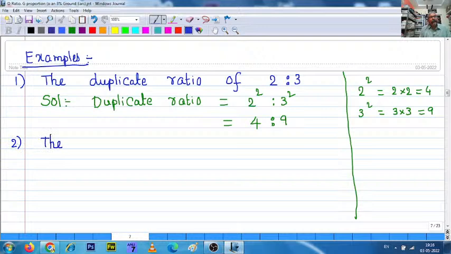The triplicate ratio of 3 is to 4. Okay, can you find out this one? Are you able to find out this one? Try this one.